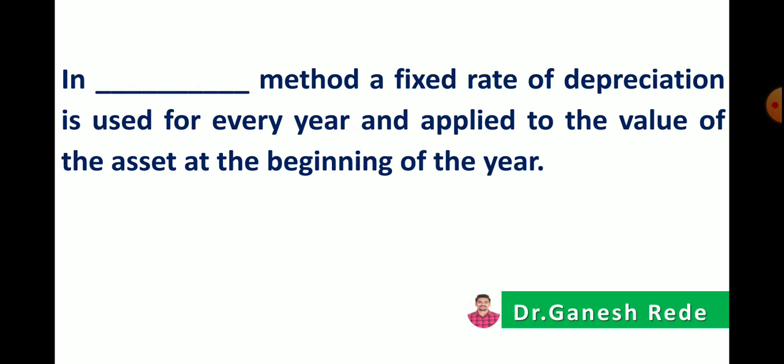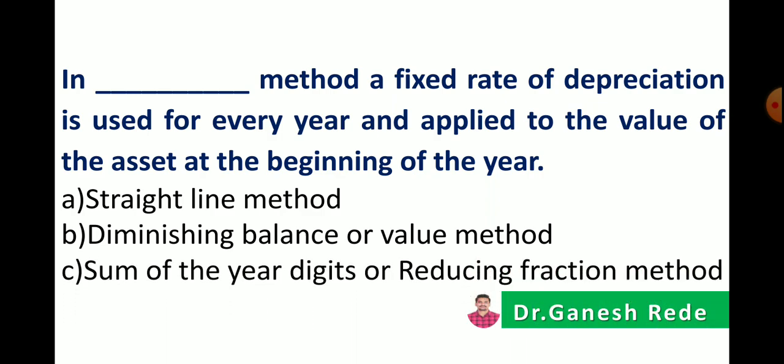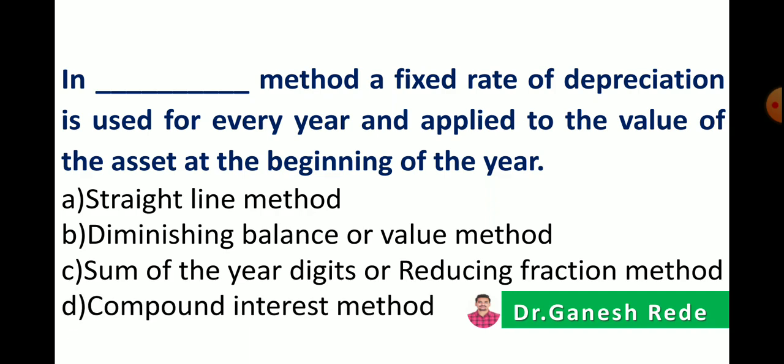The next: in a dash dash method, a fixed rate of depreciation is used for every year and applied to the value of the asset at the beginning of the year. Options: A, straight line method; B, diminishing balance or value method; C, sum of the year digits, or you can say reducing fraction method; or D, compound interest method.